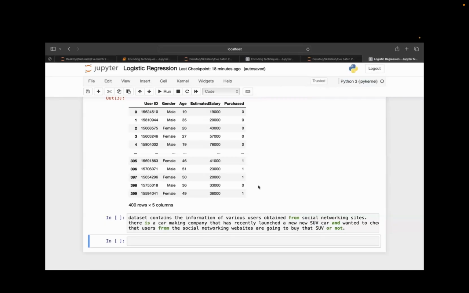Let's quickly first separate X and Y. Let's quickly separate train and test, and then we will perform standardization, because we have to be pretty much sure on what columns to perform standardization, and in what columns I have to keep them sober, not to touch the values. Okay.